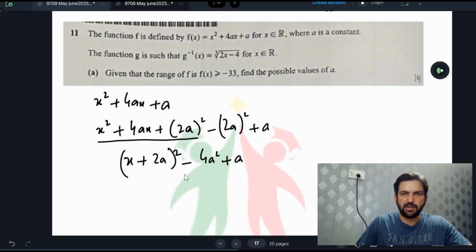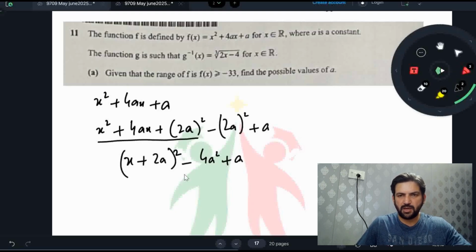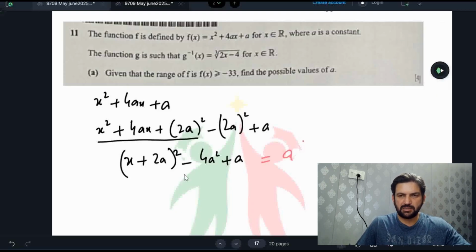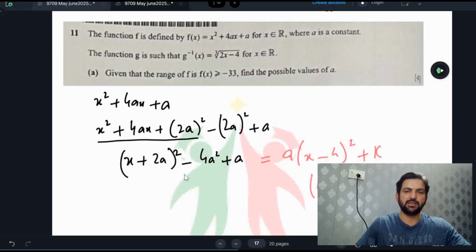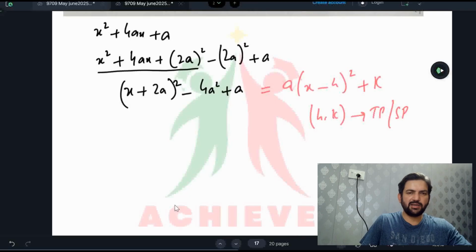Now we know that if we compare it with the form a into x minus h whole square plus k, this h and k will be the turning points or the stationary points. So we can clearly identify x plus 2a whole square minus 4a square plus a.